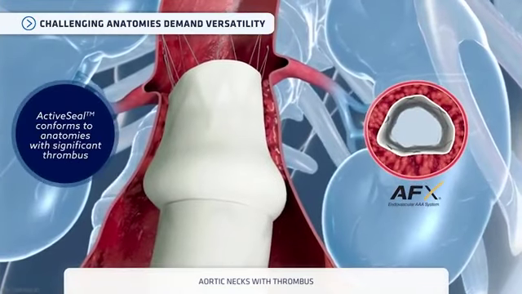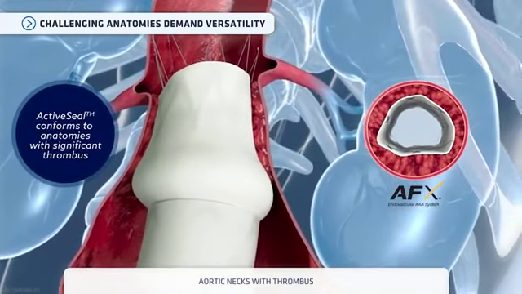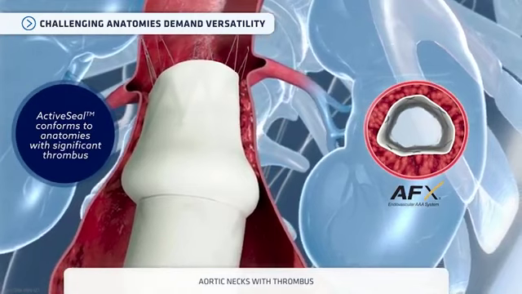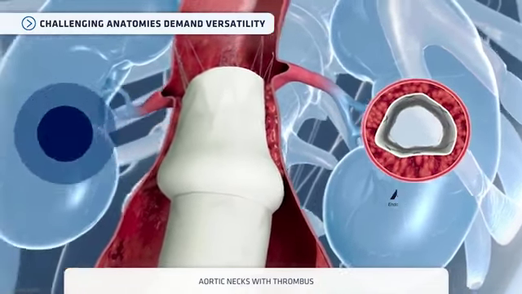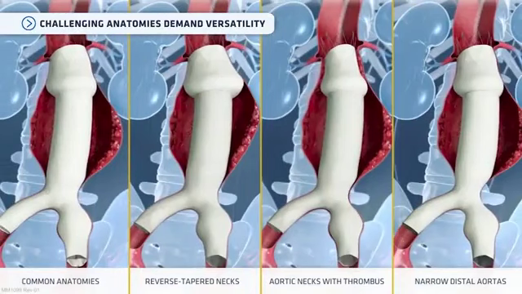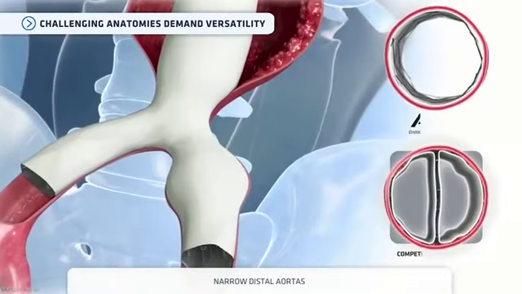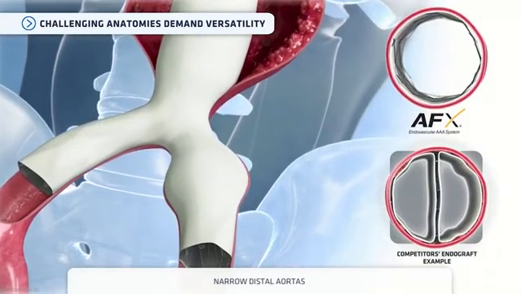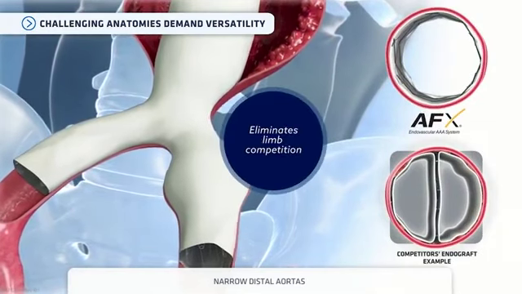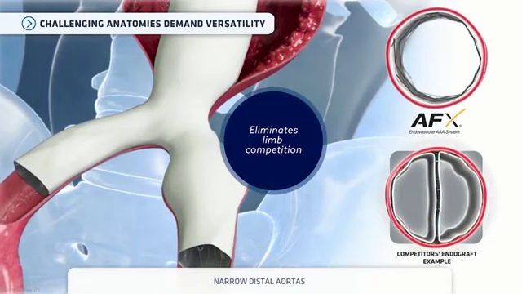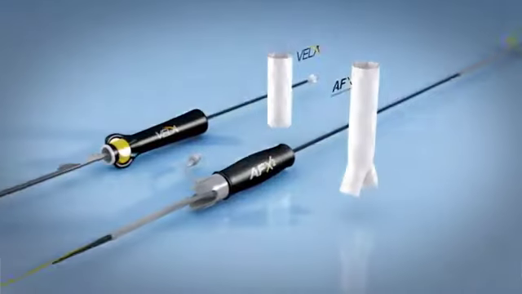In anatomies with aortic neck thrombus, the AFX system's anatomical fixation and Active Seal features produce low radial force and high conformability to the irregular neck. In anatomies with narrow distal aortas, the anatomical fixation design eliminates endograft limb competition created by competitors' proximally fixated graft systems and has shown a low risk of occlusions.